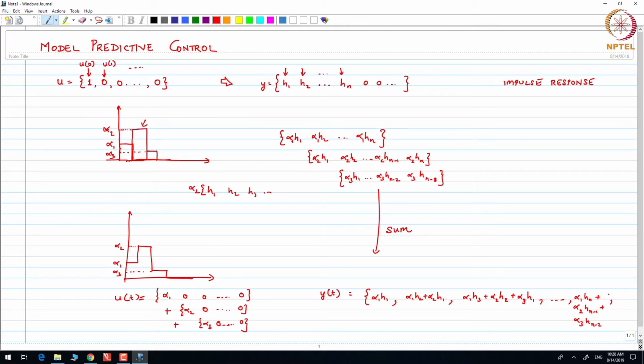The next one is going to be 0 plus alpha 1 h n plus alpha 2 h n minus 1.